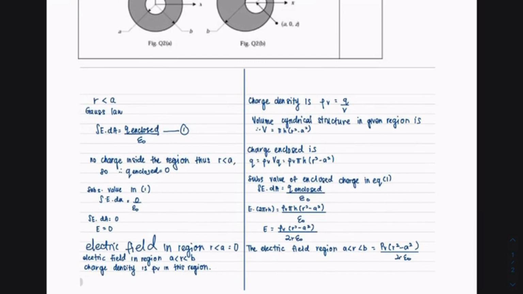So we can find the charge enclosed with the formula Q equal to rho V times V, which becomes rho V pi h times r square minus a square.